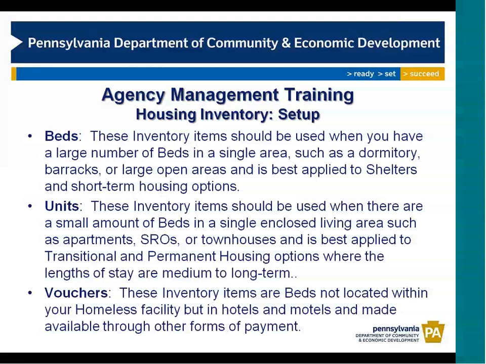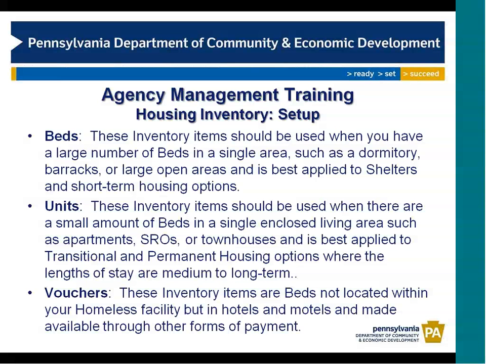Now, units: these inventory items should be used when there's a small amount of beds in a single enclosed living area. Units, and we'll probably say this a lot during the training, are containers for beds. They can consist of things like apartments, SROs, townhouses.